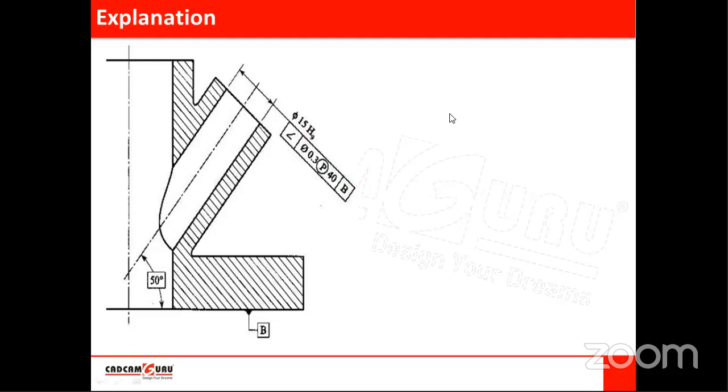You can see this is the bottom feature. With respect to this, we are expecting angularity of this axis. So again, how to check this? If it is an outer diameter, then we can use a bevel protractor to check the angle of this pin or the cylindrical surface. But here it is a hole. So how to check it? Again, we can use projected tolerance zone.